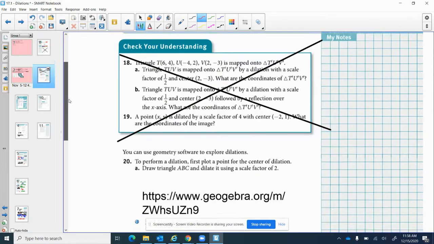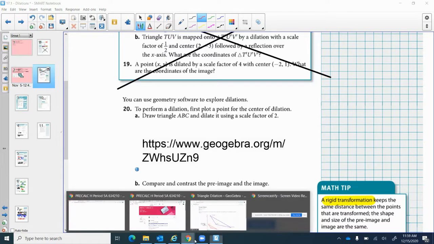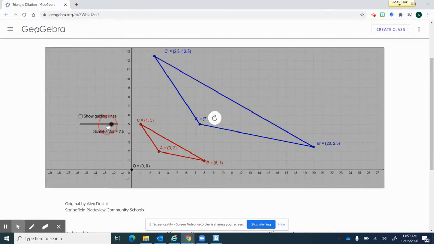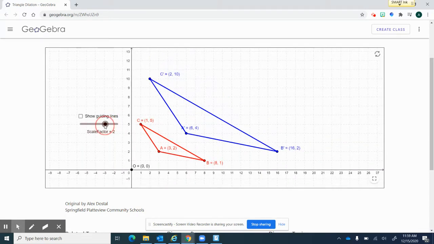Now, to look at some things, again, when we're talking about triangles and looking at dilating with a scale factor, in this case of 2, what we would notice here in each of these is that when you're looking at the side lengths, again, we're doubling these coordinate values, and we would double the length of these sides as well.